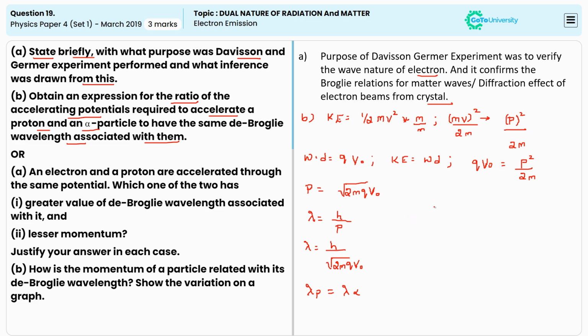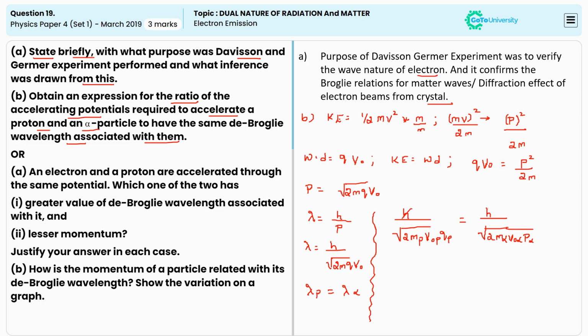We will get h divided by under root of 2m proton q proton V0 proton is equal to h divided by under root of 2m alpha q alpha V0 alpha.